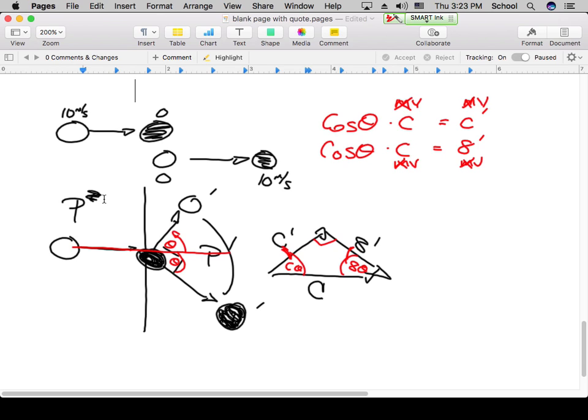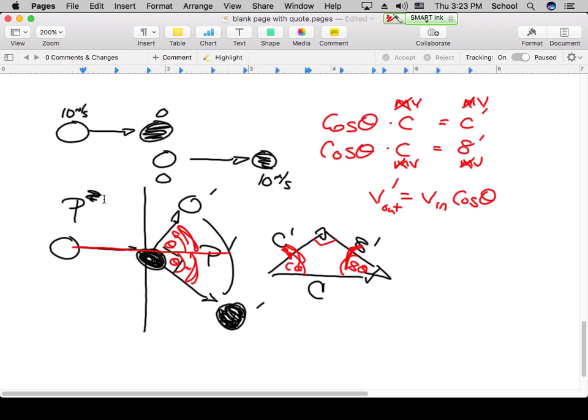Which means no matter which one we do, if we do the angle that corresponds with it, the velocity coming out is always going to equal the velocity coming in times the cosine of the angle of its deflection.